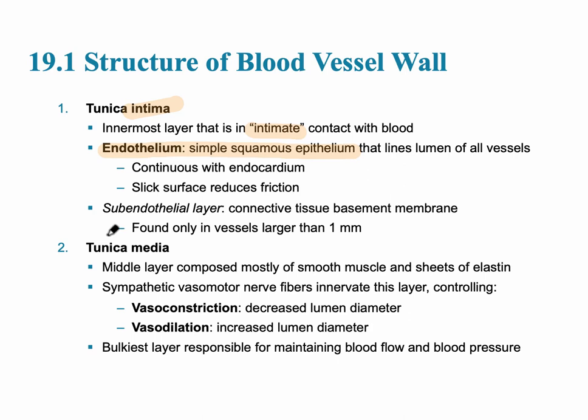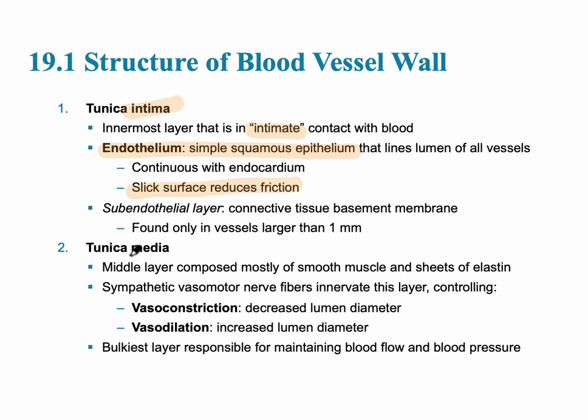And the important part of the endothelium is that it is a very slick surface that reduces friction. And this is important because we don't want red blood cells or anything to attach itself to the blood vessel wall, forming a possible clot.